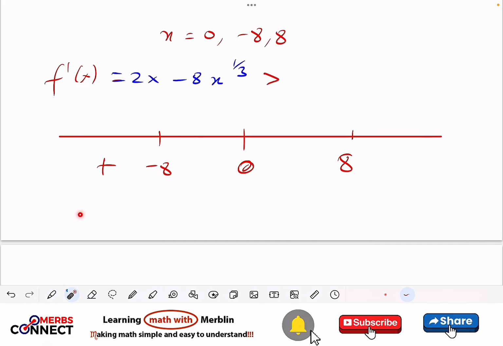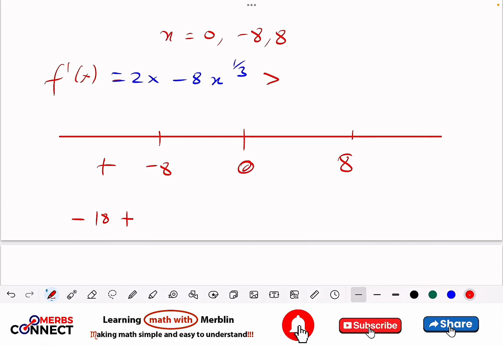Okay, let me just do it again. 2 times this one is going to give us minus 18 minus, this is cubic, so it's always going to bring us the negative, so this is going to be plus 8 times the cube root of minus 9, which is going to be 16. So it's going to be minus.